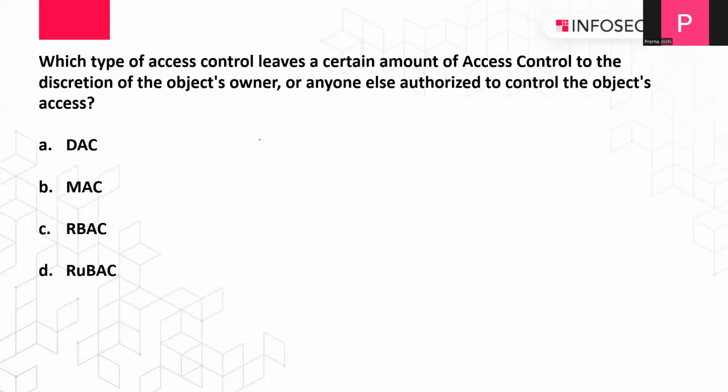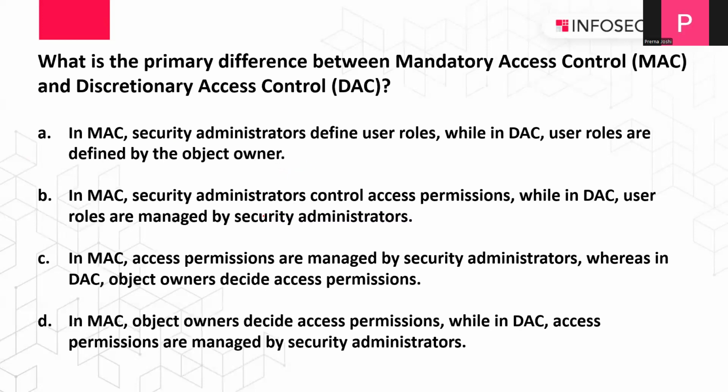Here I'm the owner of the file. Let's say I make the MS file, and I'm the one who will decide who can have access to that file. So the answer is there in the question. The correct answer is A, DAC, that is discretionary access control. All right. Now let's move to the next question.